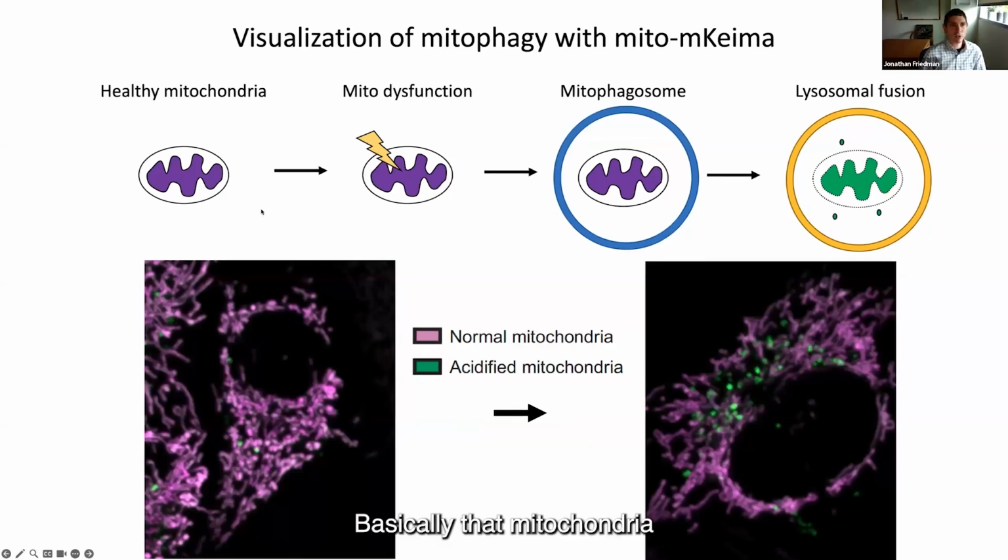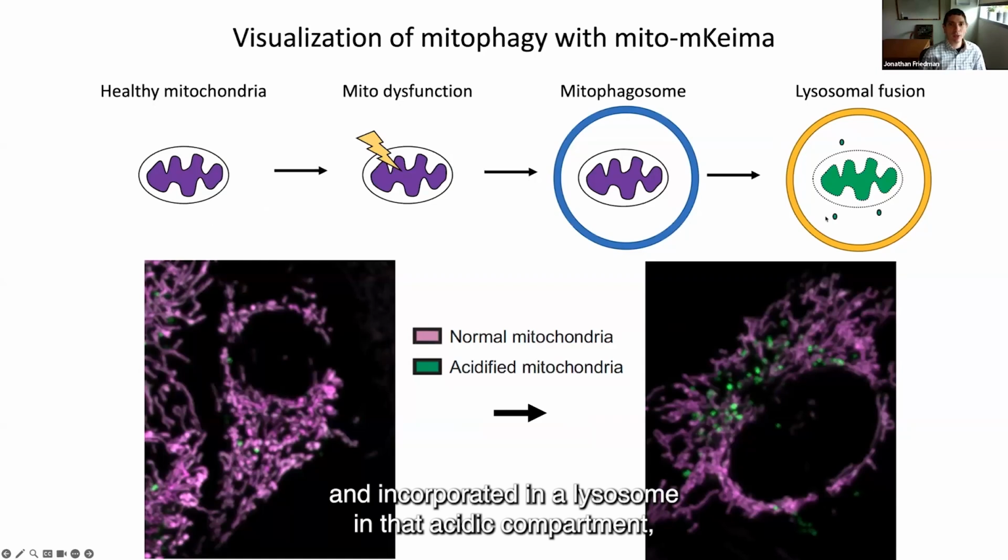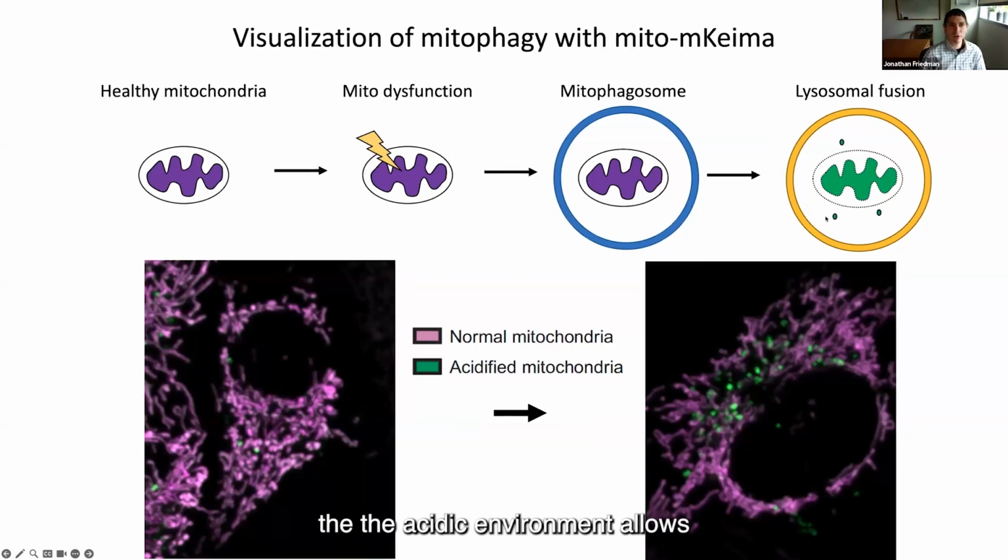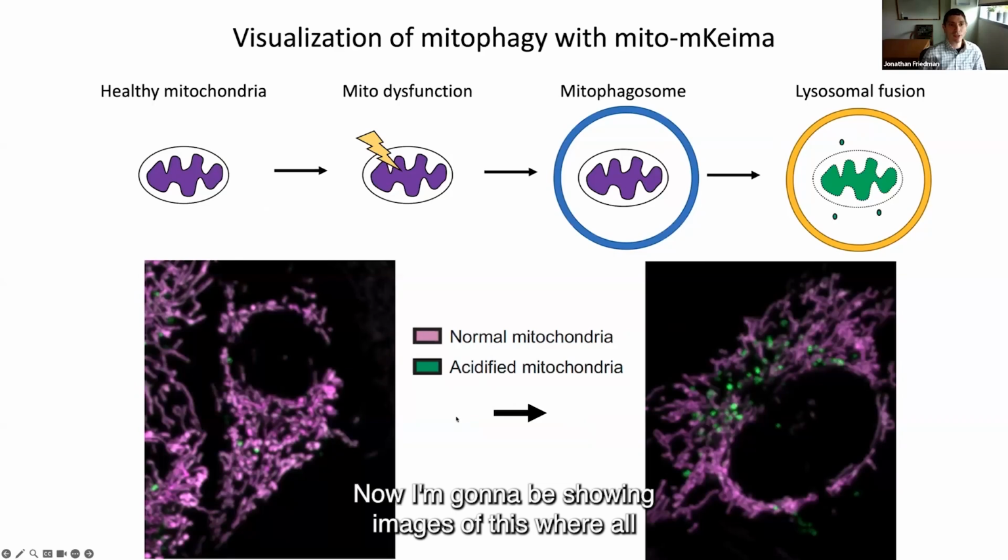Basically, mitochondria that are healthy are of a particular pH, and when mitochondria are engulfed and incorporated in a lysosome, in that acidic compartment, the acidic environment allows for a change in the excitation of that fluorophore and a distinction between normal mitochondria and acidified mitochondria. Now I'm going to be showing images of this where all of this is pseudo-colored, and everywhere I show you a purple mitochondria that's normal, and then the defective acidified mitochondria that are in the lysosome will be colored green.